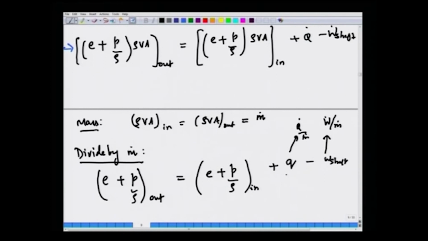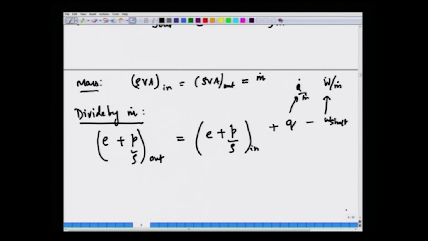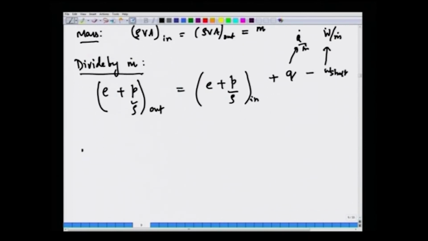Small q is the heat transferred to the control volume per unit mass of the fluid, and small w is the shaft work done by the control volume on the surroundings per unit mass of the fluid, because now we have divided the rates with the mass flow rate. So, the resulting quantity will be independent of time and it will be on the basis of per mass of the fluid. Okay.